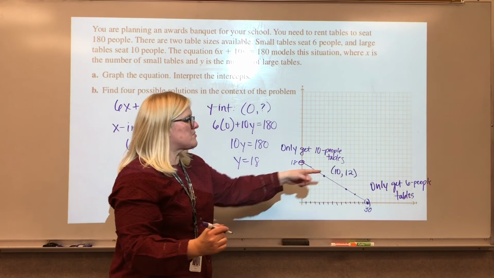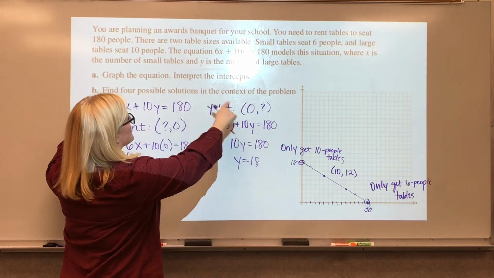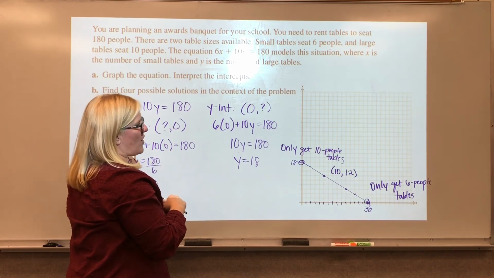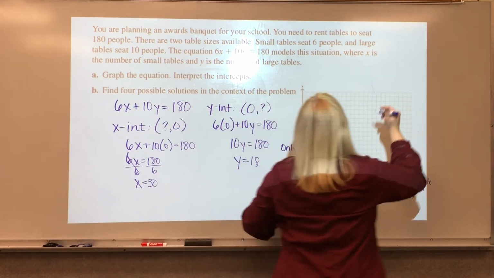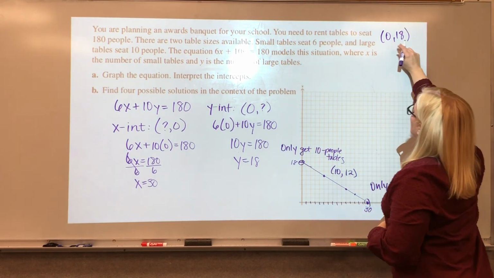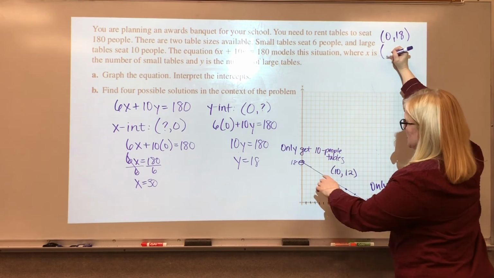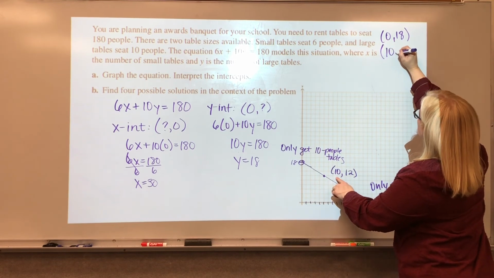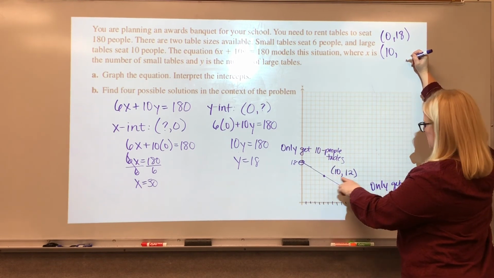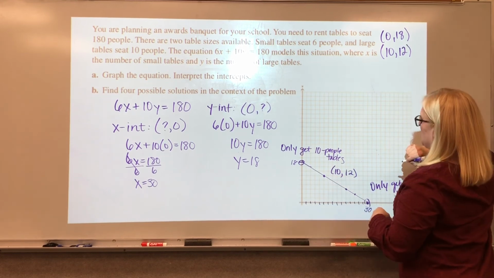So one of our options that would also work, because it says find 4 possible solutions in the context of the problem, is 0 and 18. We could have 0 small tables, 18 large tables. We could also have 10 small tables, 12 large tables.